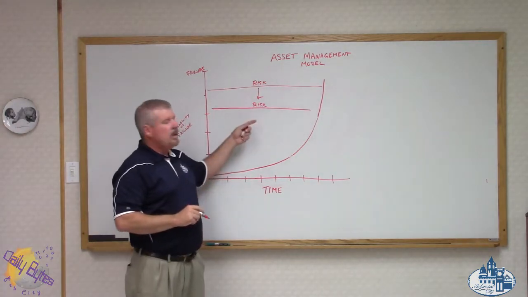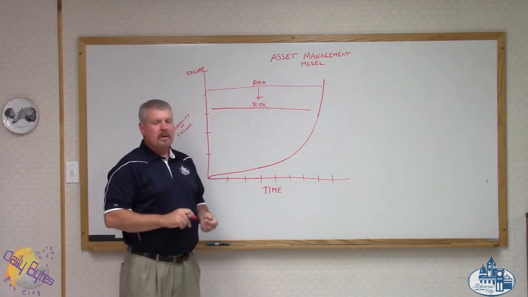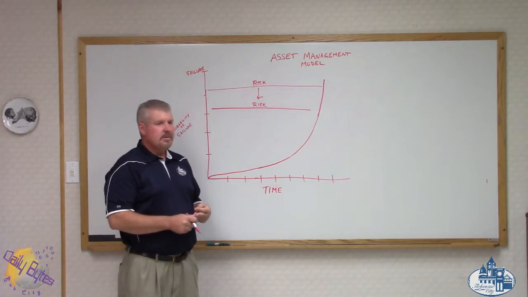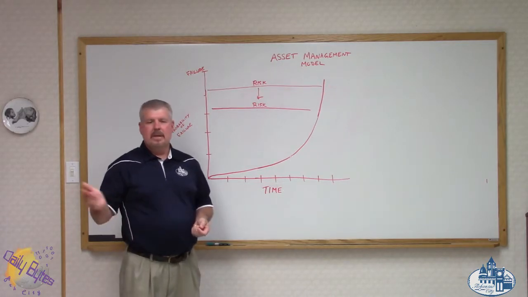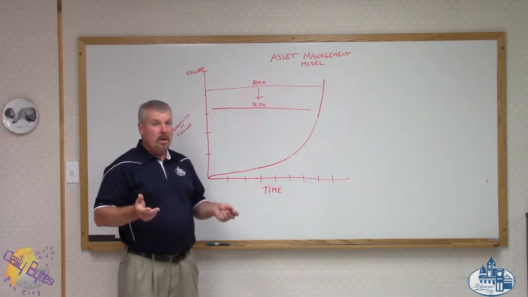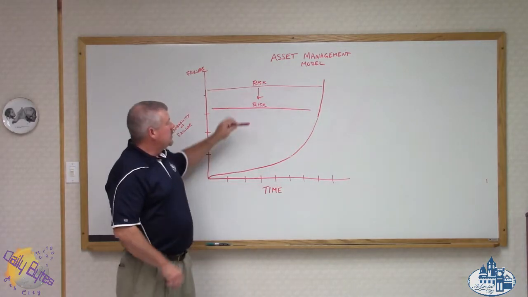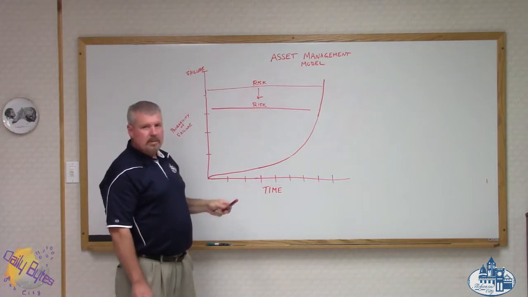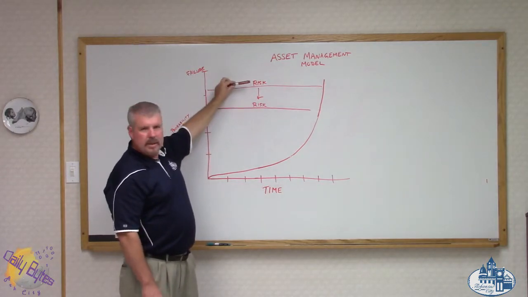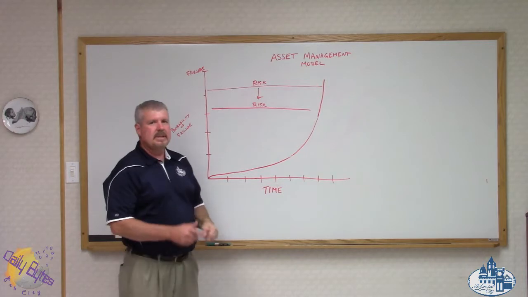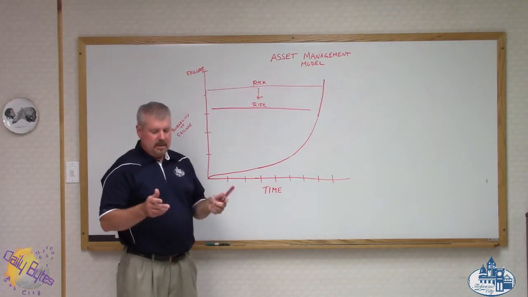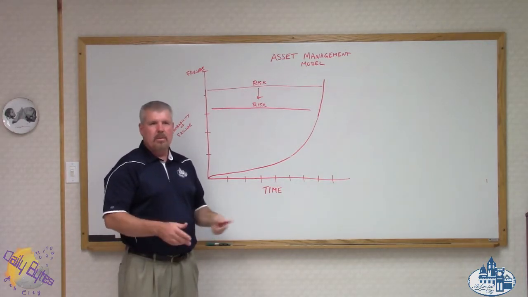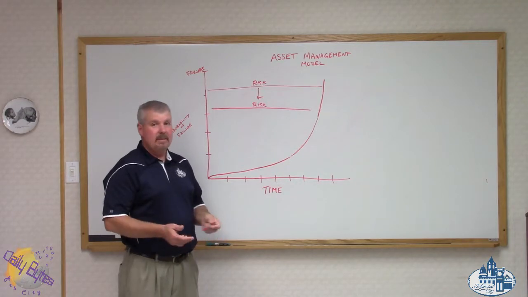If the water treatment plant were to fail, all of our industrial users, our commercial users, the entire city, even some of the wholesale customers that we have, we're all out of water. So we can't live with the very high risk of failure with the water treatment plant. We can live with a little more risk on the water lines because that usually just affects a neighborhood or one particular block. We can get in and get it fixed.